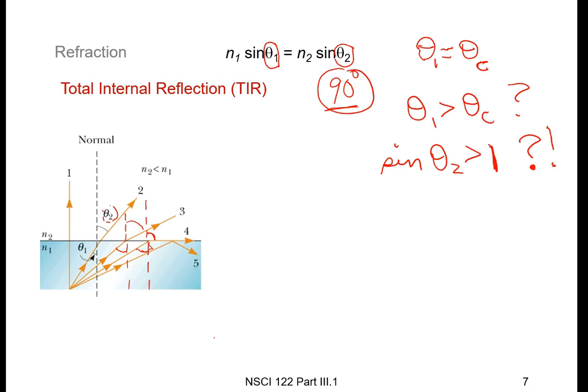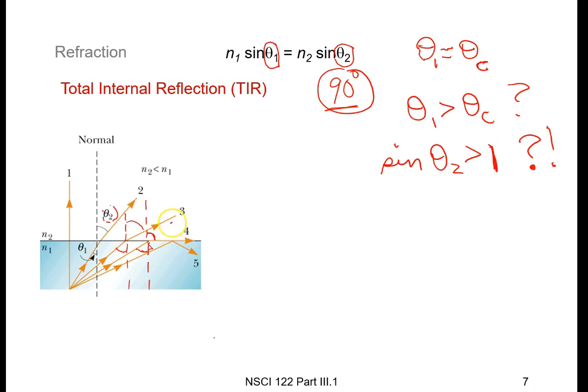Now, in this picture, for rays 1, 2, 3, and 4, they're not showing the reflected rays, but there is energy being reflected. But if the angle of incidence is greater than the critical angle, all of the light energy is reflected. And that's indicated in ray 5.